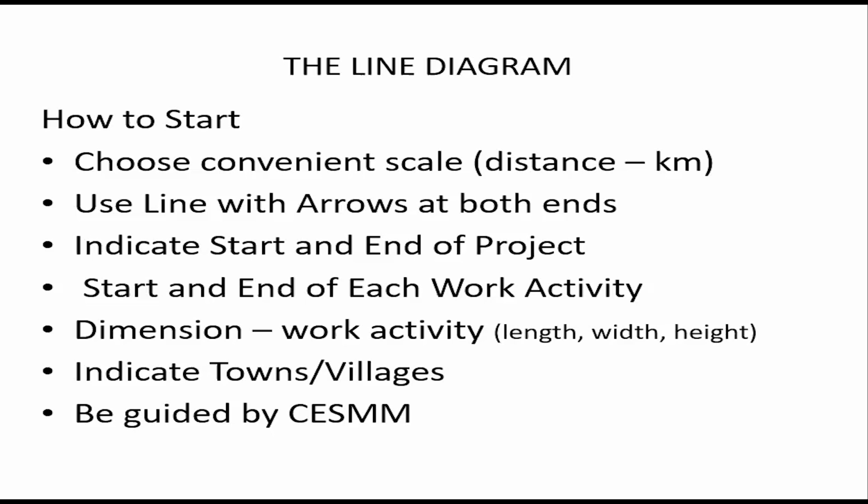All these are represented in the line diagram. Then you need to indicate towns or villages along the road you are bringing back to life. Then, of course, we have to be guided by season when we are representing this and then doing the taking off.